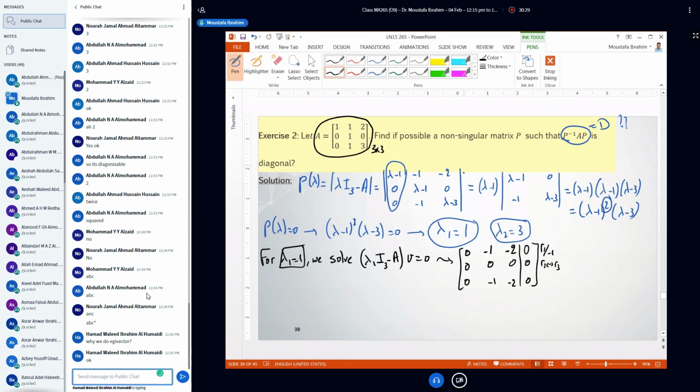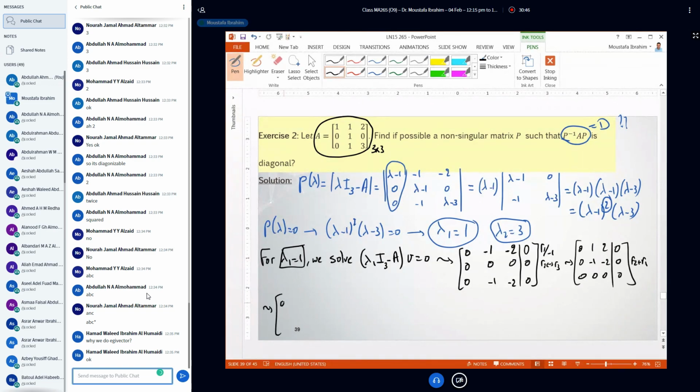Okay, so we get 0, 1, 2; 0, negative 1, negative 2; and all zeros. And to simplify we do R2 plus R1, giving 0, 1, 2, 0, and zeros.